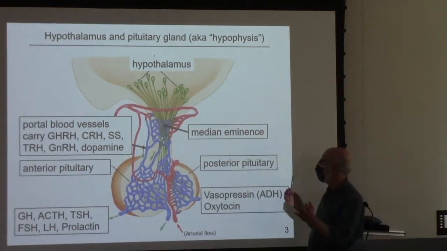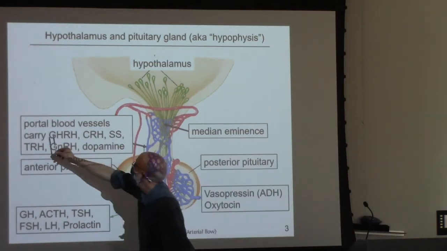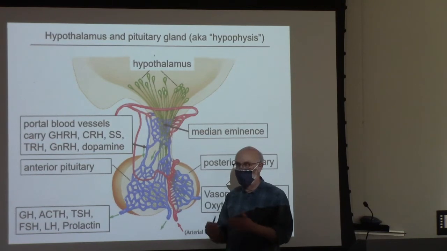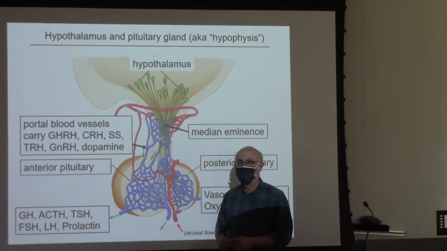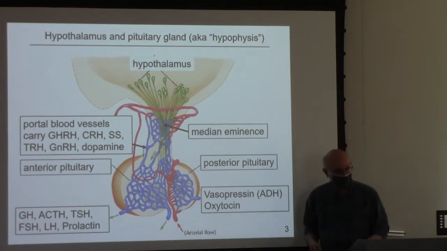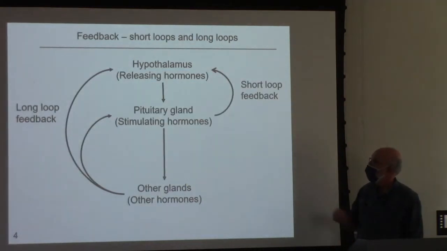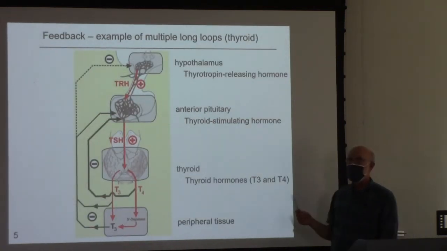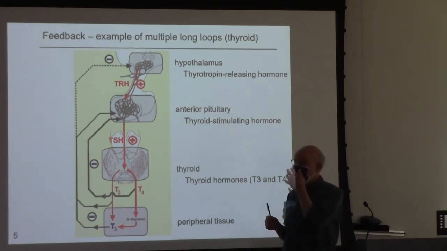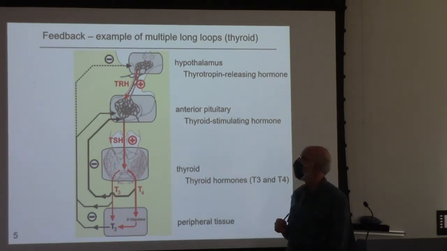We are going to unpack all of this alphabet soup over the next 2 weeks. So remember the story of feed forward and feedback control. Let's unpack that with more details regarding the thyroid story.